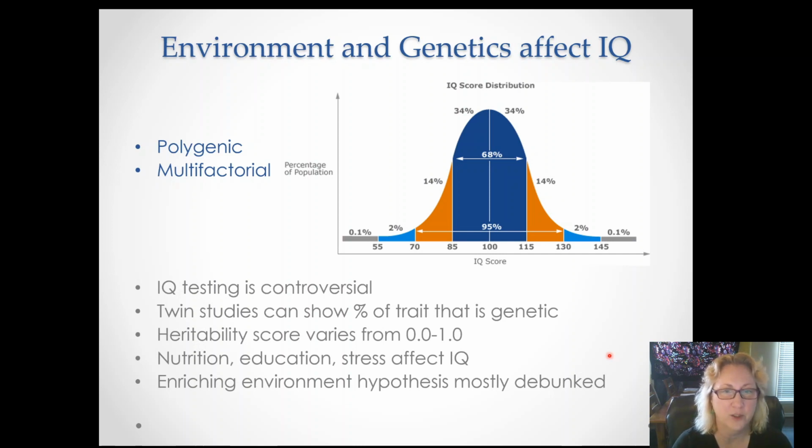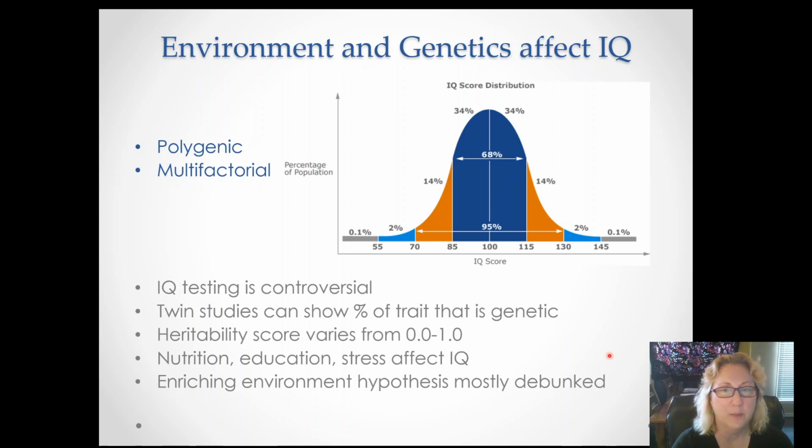genetics component to it. Twin studies is one of the ways that we study in humans whether a trait is completely genetic, completely due to the environment, or is a mixture of the two and is multifactorial.